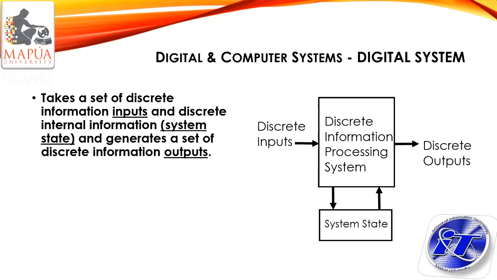Okay, so that's a digital system. So we have a set of input acceptable by the digital system, and it generates a set of information as our output. Okay, so we have a specific input, specific output for digital.